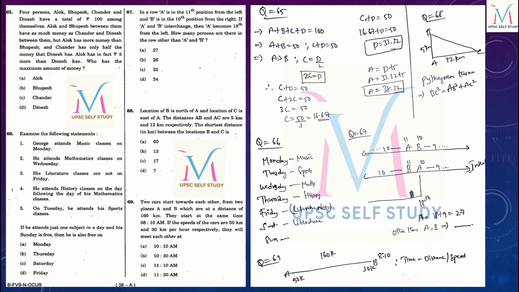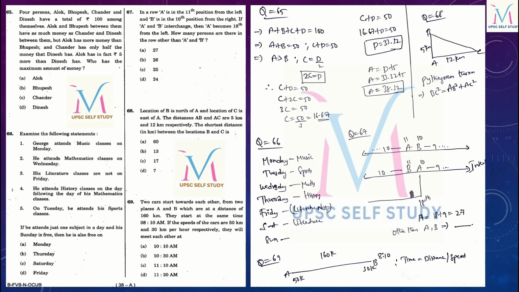How many persons are there in the row other than A and B? If A is 18th position from the left, then from the right it has 9 positions.